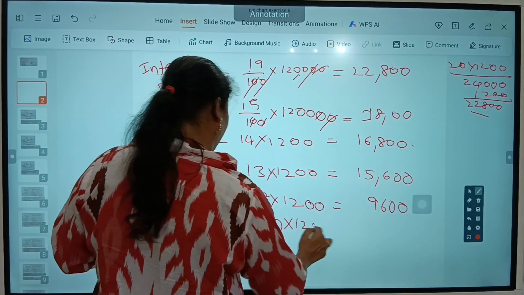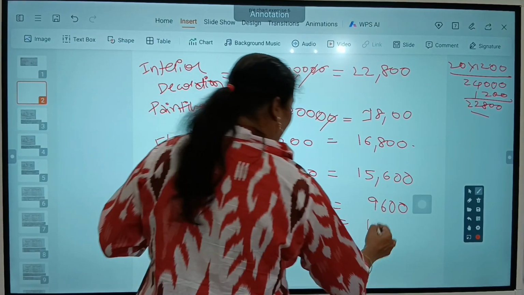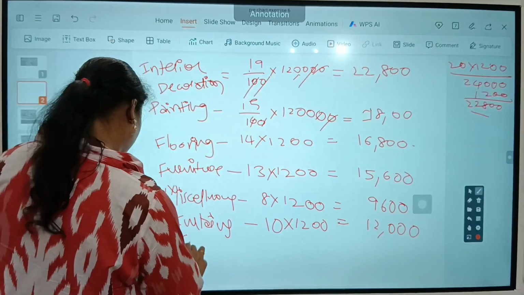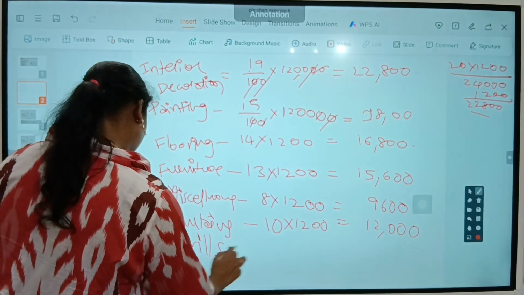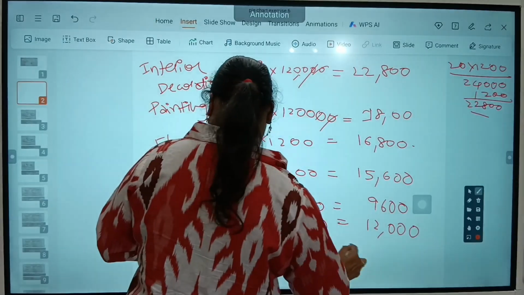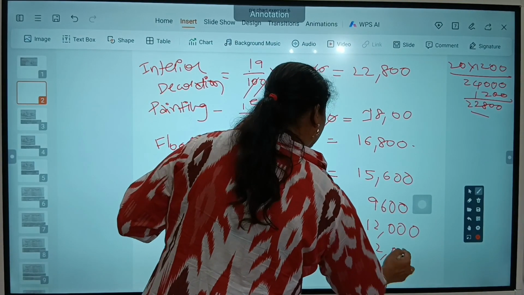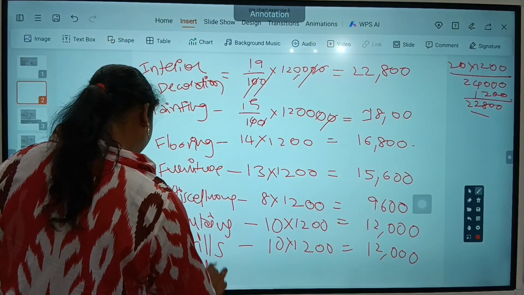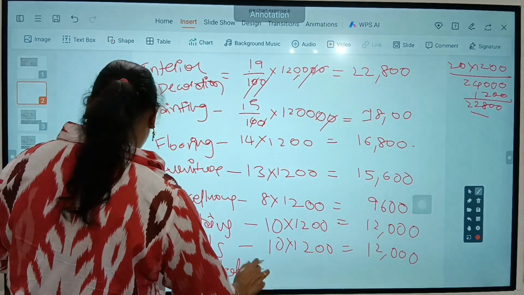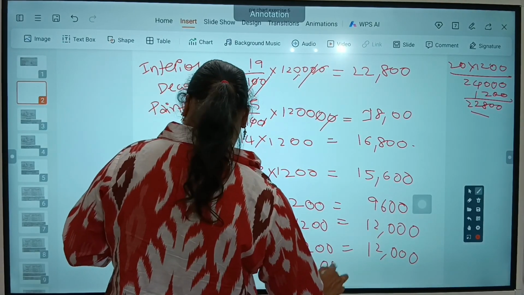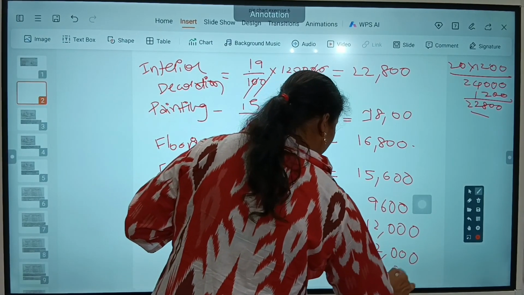Into 1,200, it will be 12,000. Into 1,200. Architect, 11 into 1,200, which is equal to 13,200.